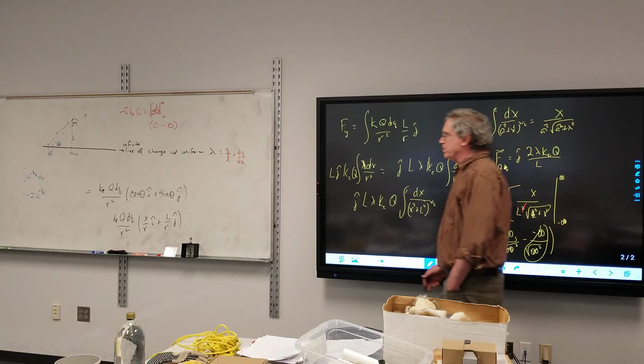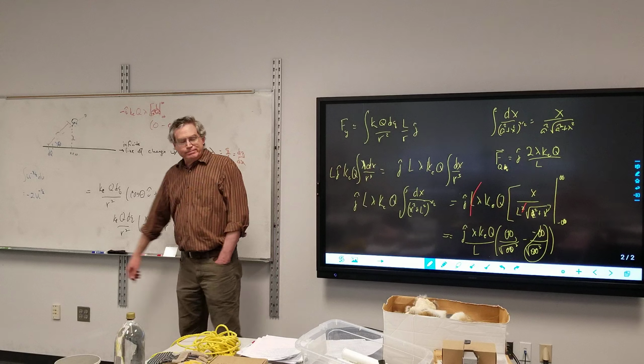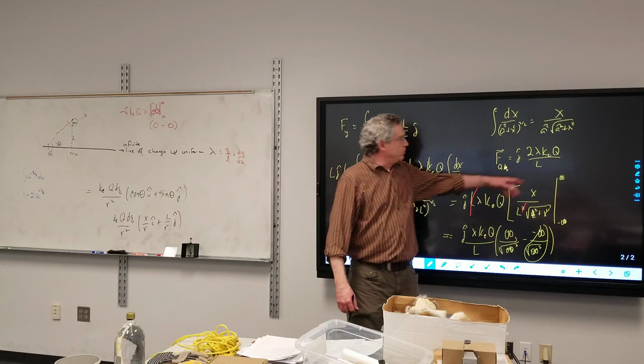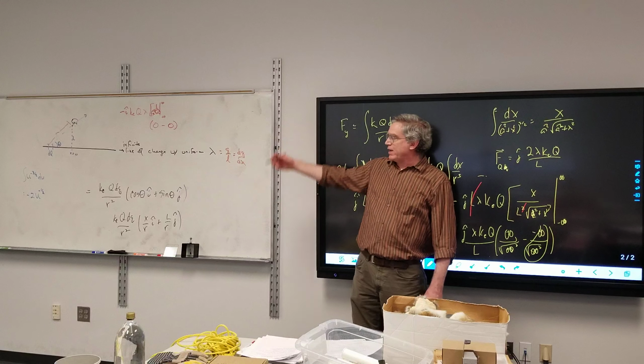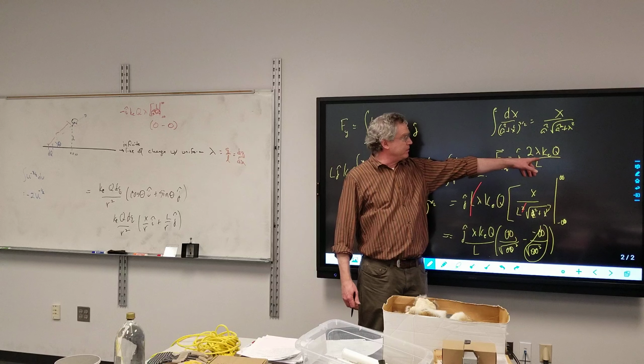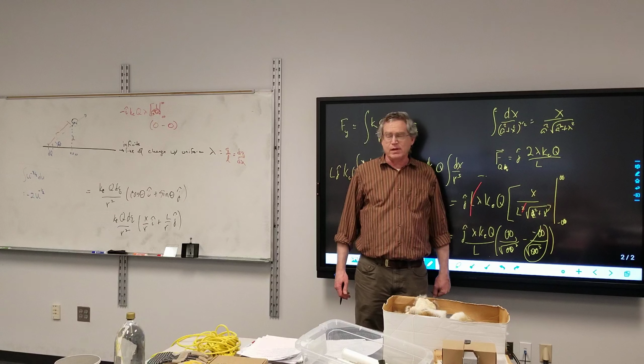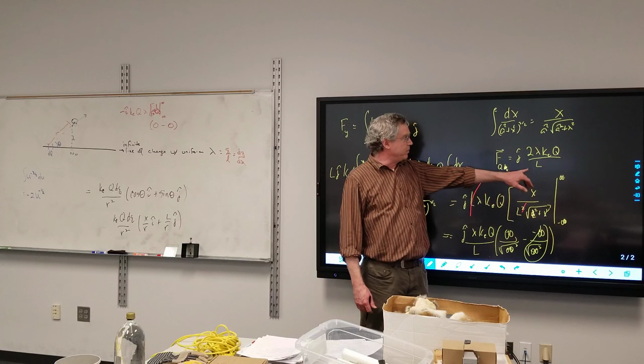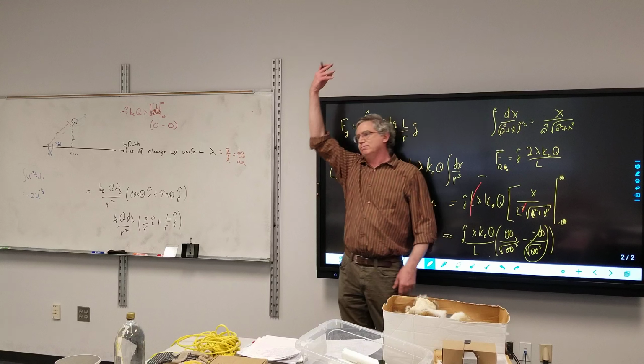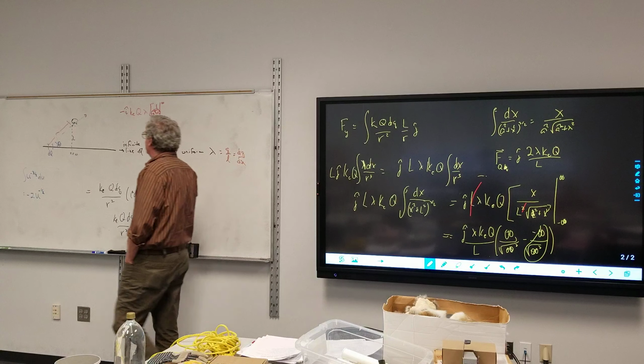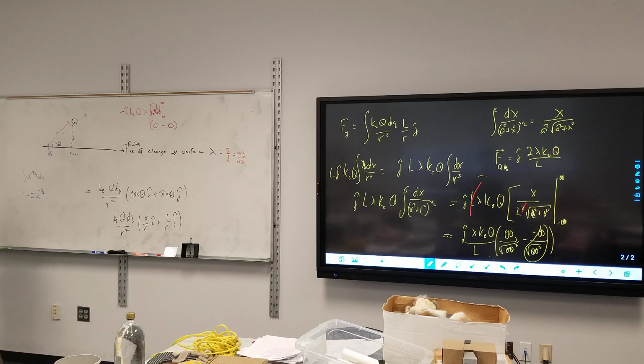Quick check to see if this makes any sense. L is a positive number, Q is assumed to be positive, k sub e is positive, and lambda, we assume that it is positive because we've got other information. That puts the force away from the line, or in the positive j hat direction, so that part makes sense.